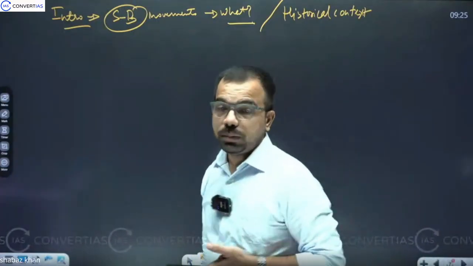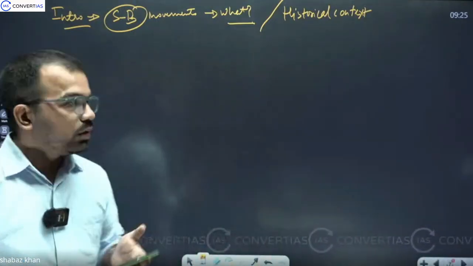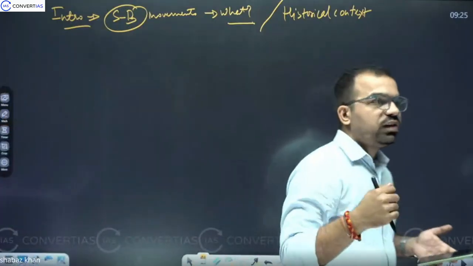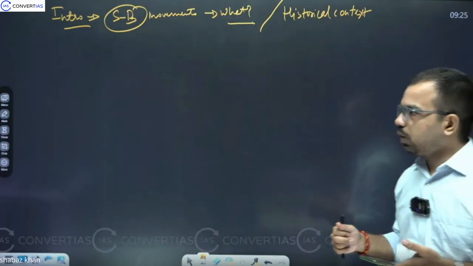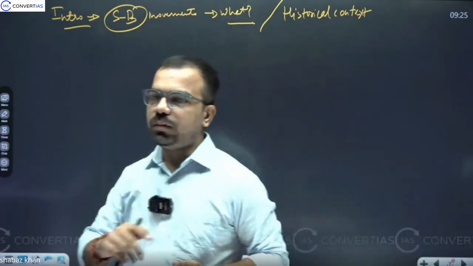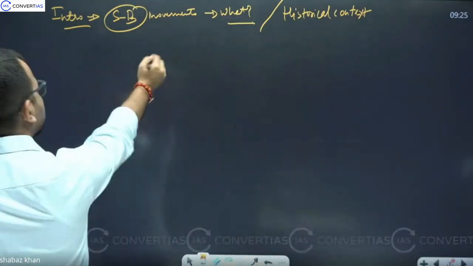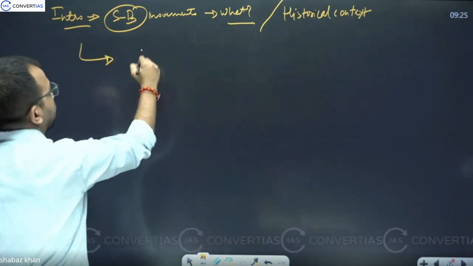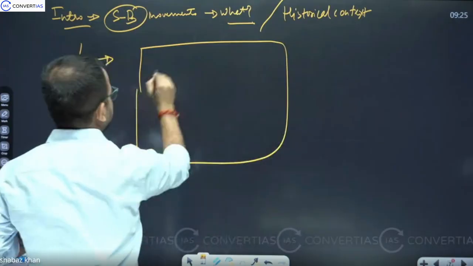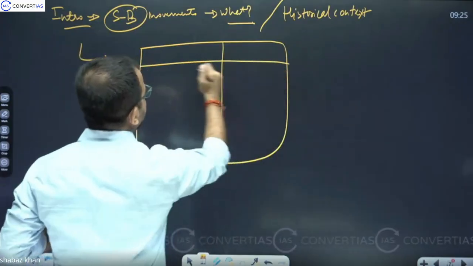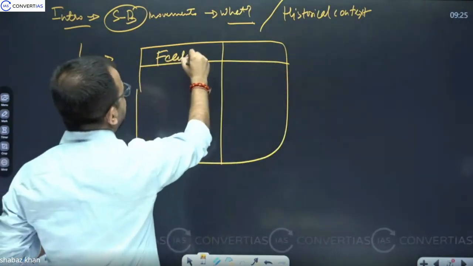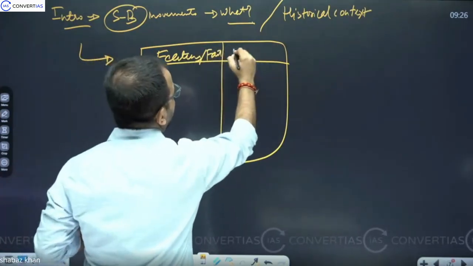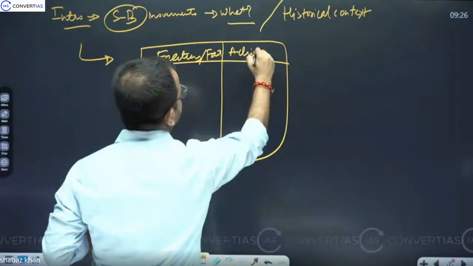You can use a map to show the spread of these particular movements. If it's a 15 marker, you can always use the map. Now do tell me, you are going to write down the features or factors, and then you are going to write down the achievements.